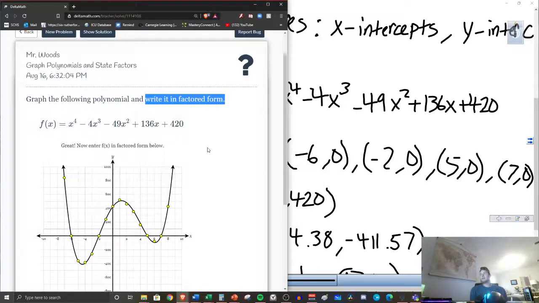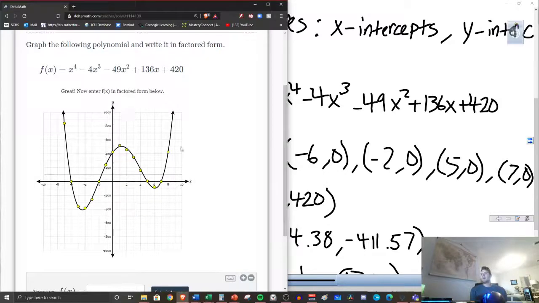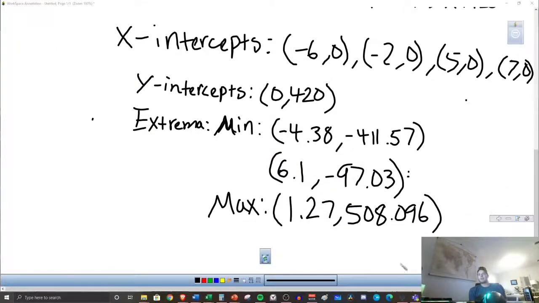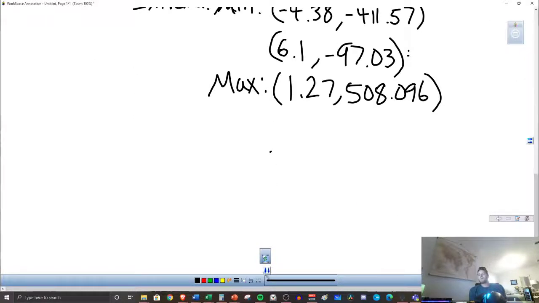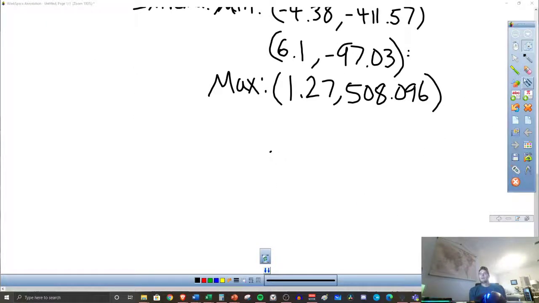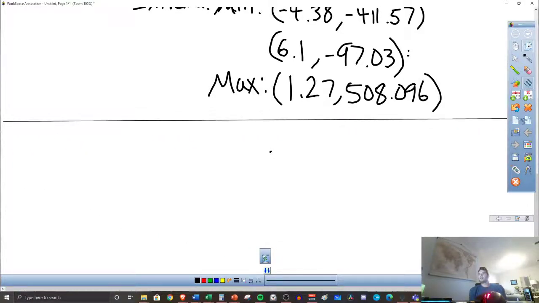Okay, now just because I'm already in here, we're going to talk about the next part of this, which is we want to take this graph and write it in factored form. So when we did our review for iMath 2, we did factoring, right? So we know factored form is when they're in those parentheses and binomials. Okay, so we're going to write down some steps. So this is what I'm going to have you do in your notes. Draw a line here, straight across, section it off.